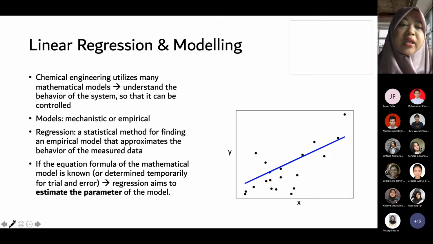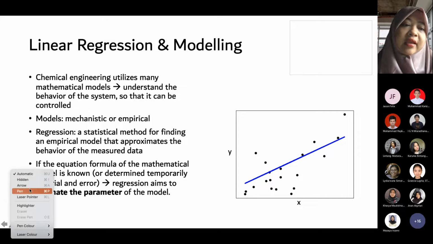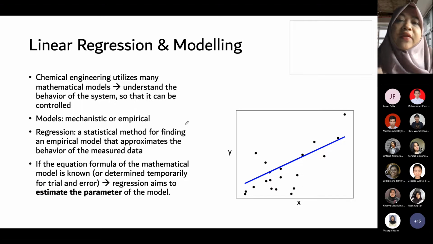It is very important because we want to understand the behavior of the system. If we can understand the behavior of the system, it can be controlled. For example, you also learn, I think, mathematical analysis, analisis matematika teknik kimia, the matek.